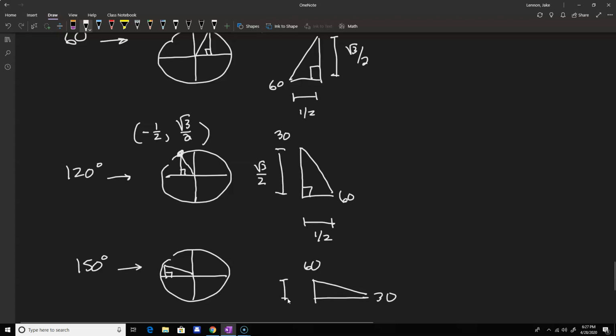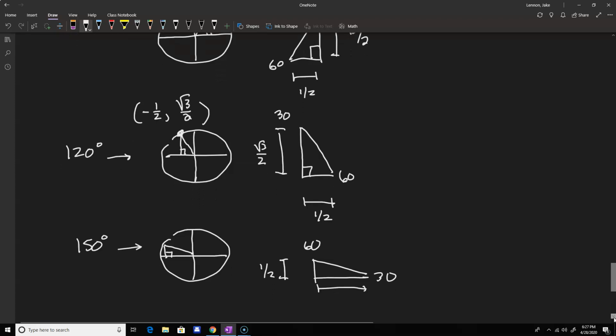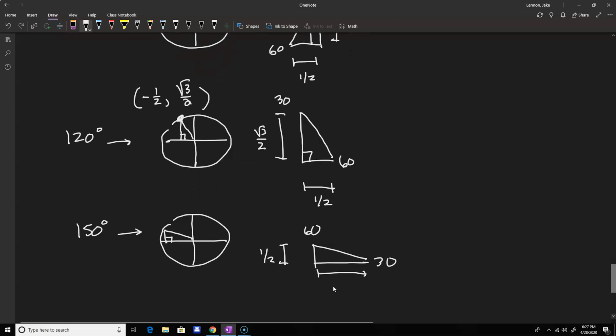So now my vertical component is 1/2, and my horizontal component is square root of 3 over 2. And then, as before, to figure out the components, we just apply the sign to the appropriate one. In this case, the x coordinate of this point is going to be negative. So for this one, we have negative square root 3 over 2, comma 1/2. So that's how we figure out the sine and cosine of those values.